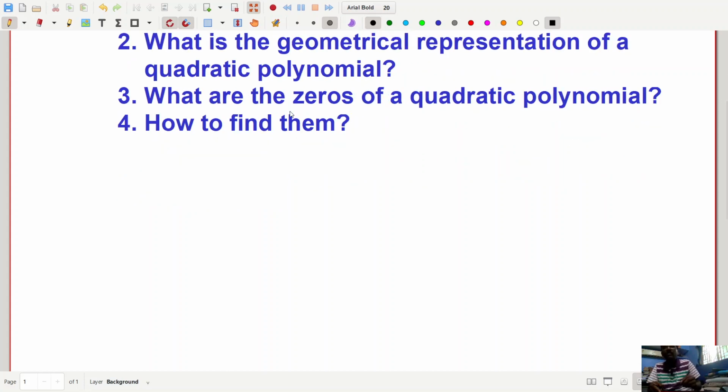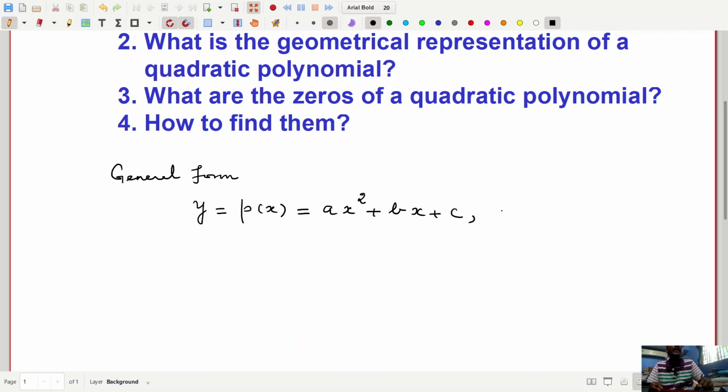The general form is y equals p of x, so p of x is the polynomial, that is, ax square plus bx plus c, and we have to mention, without forgetting, that the coefficient of x square, namely a, is not equal to 0, so that it becomes a quadratic polynomial.